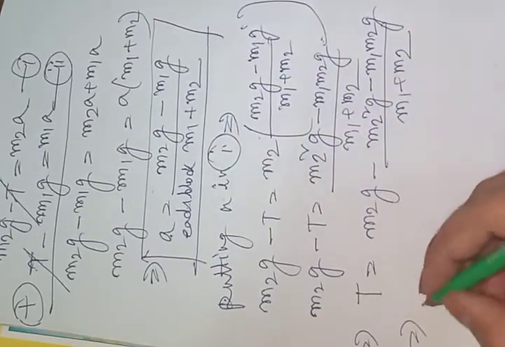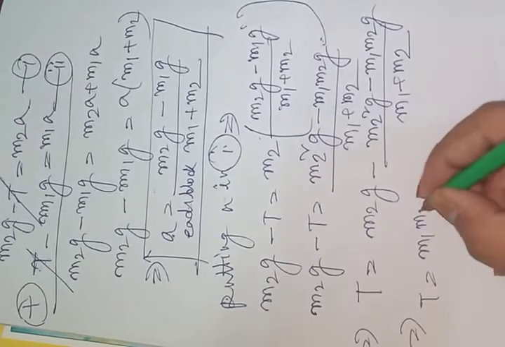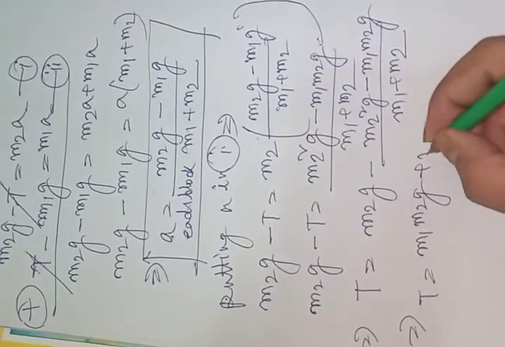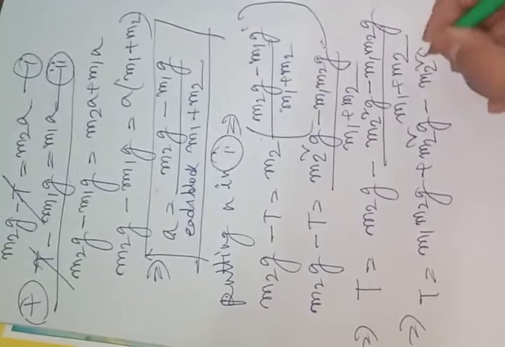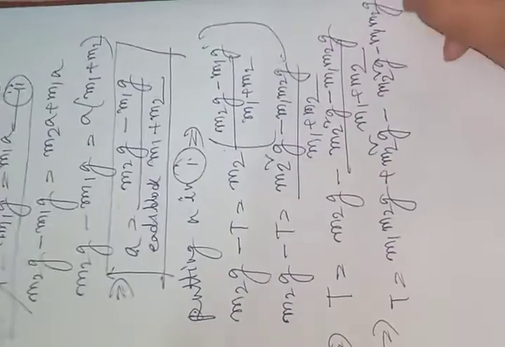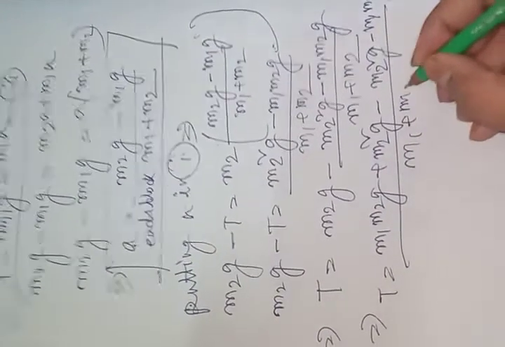So multiply with this, so T equals m1 m2g plus m2 square g minus (m2 square g minus m1 m2g), divided by m1 plus m2.